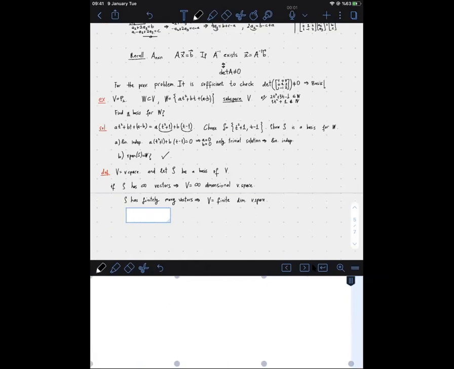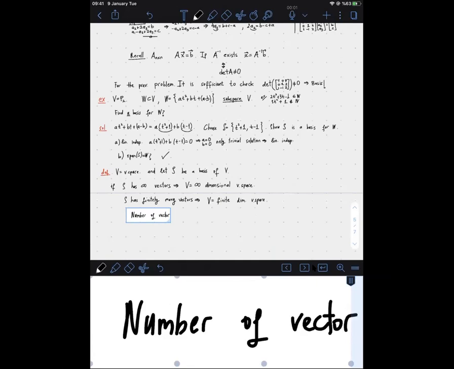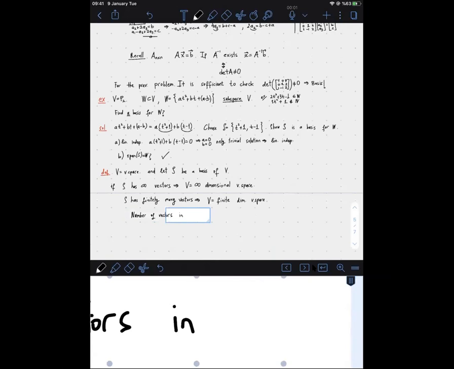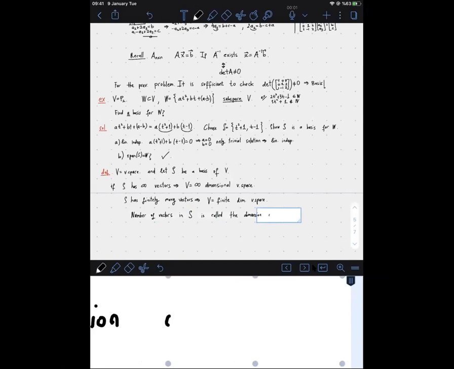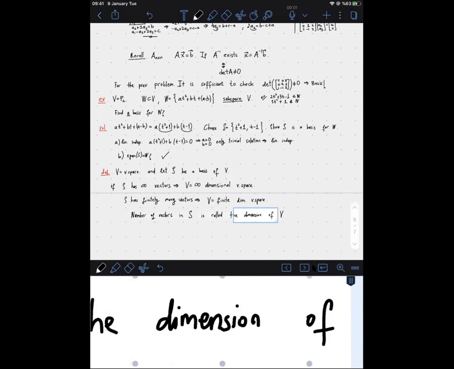In this case, the number of vectors in S is called the dimension of the vector space.